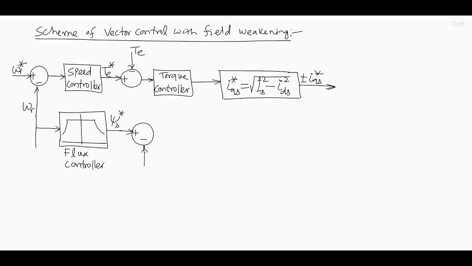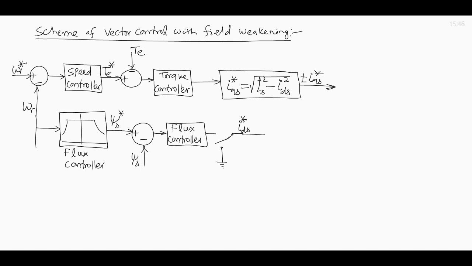Then stator flux psi S is estimated and subtracted from the command value of the stator flux, and the error goes through a flux controller. So, the flux controller output generates the IDS star, the command value of the flux component of the current.